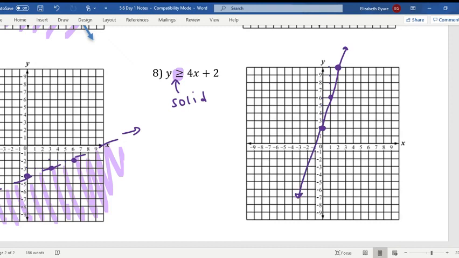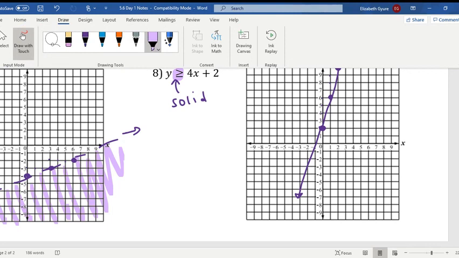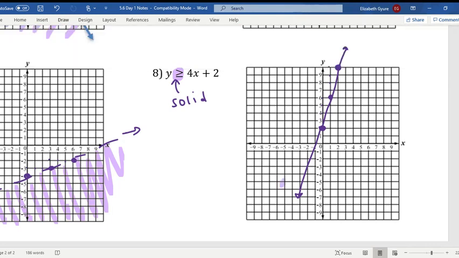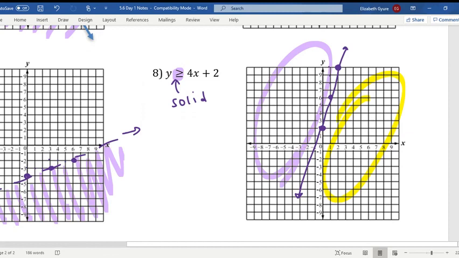Good. And then I need to decide if we're going to shade above or below. Now this line is very steep. So again, think of it like a hill. If we're shading above, we want to shade on this side of the slope. And if we're shading below, we would think of it like underneath. Think of it like a really steep hill: you'd be on top of the hill, or below the hill.